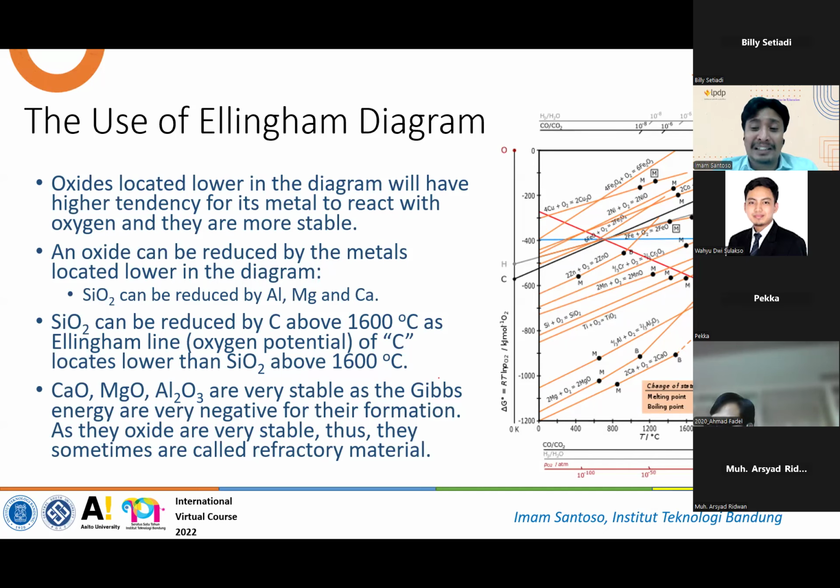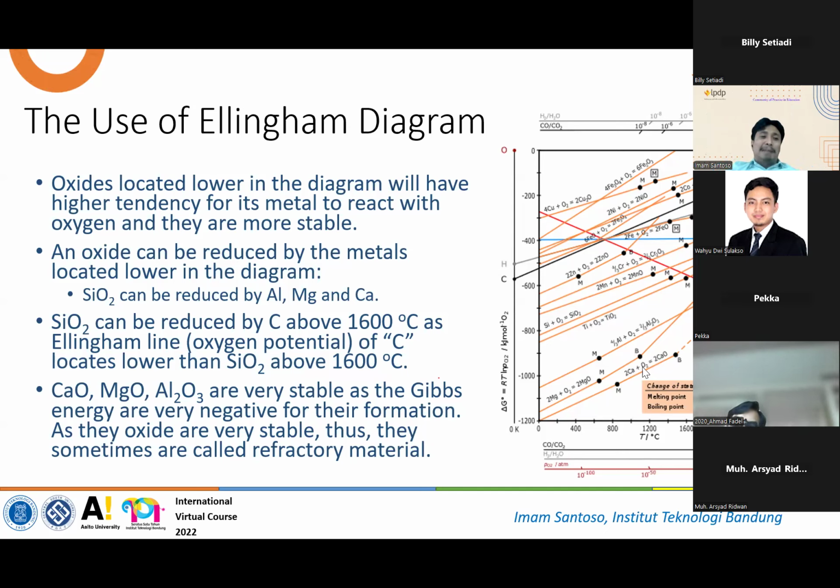Below 1700, the Ellingham line of carbon is still above the aluminum oxide. So below 1700, carbon, the red one, is above the aluminum oxide, and only above 2000 is it below, as you can see here.